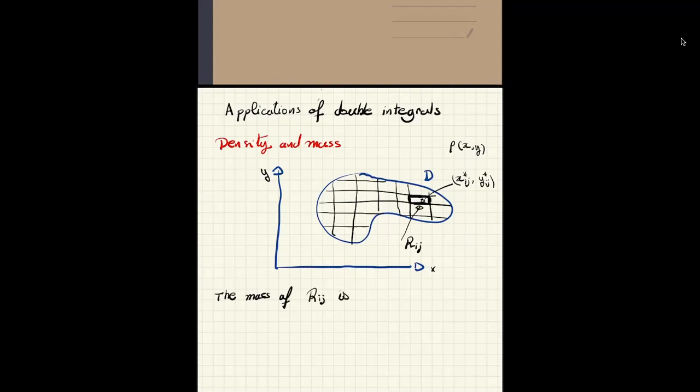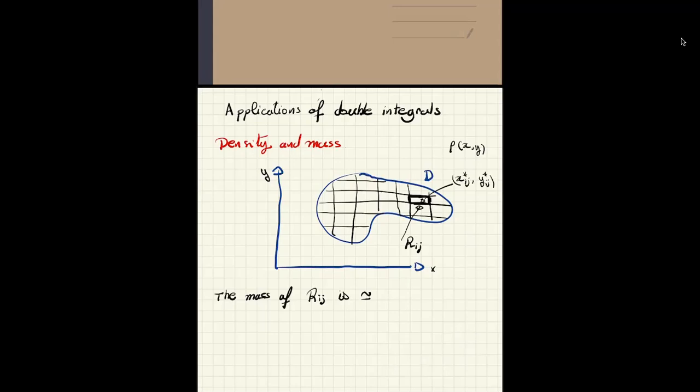The mass of R_ij is approximately, not exactly, because the density is a function of a point. If the density is continuous and the rectangle is very small, it's going to be almost the same value in a very small neighborhood.